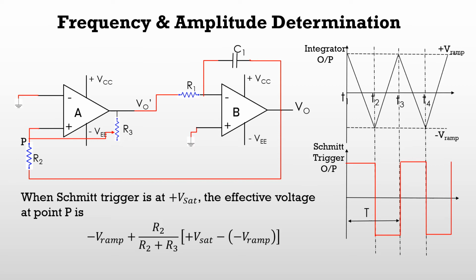Now, as the integrator output voltage starts decreasing as a negative growing ramp, at a particular point the voltage becomes 0. So we will consider this particular part and find the expressions.